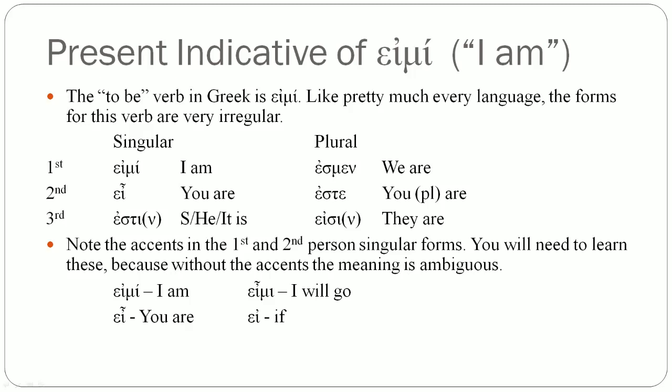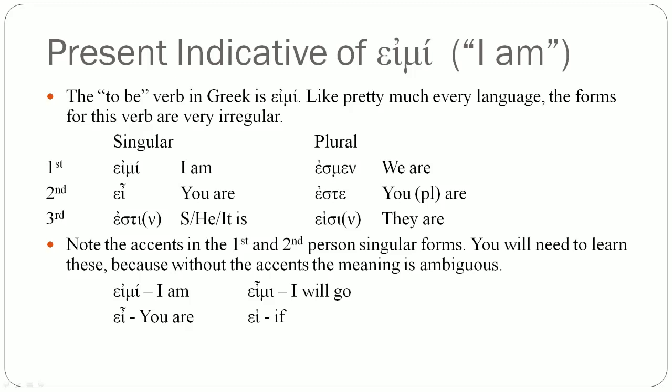Let's move now on to another verb. This is a present tense verb, but it is a completely different verb. It looks totally different. It is actually another class of verbs, and this is one verb that falls into a category called mi verbs. They're called that because if you look at this, it's pronounced eimi, epsilon iota with a smooth breathing mark, then mu iota, eimi, and this means I am.